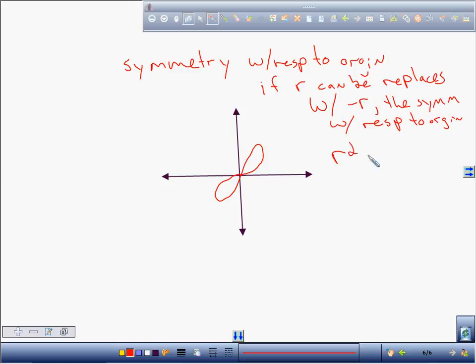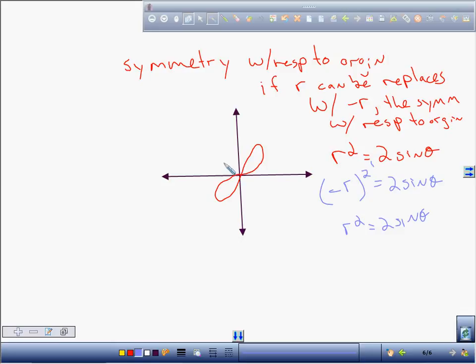So if you have r squared equals 2 sine theta, then that one's going to have symmetry with respect to the origin, because if I take negative r and plug it in here, negative r squared equals 2 sine theta, I get r squared equals 2 sine theta, which is what I started with. So you only have to sketch here and possibly here, and then rotate it 180 degrees and you get the other half.